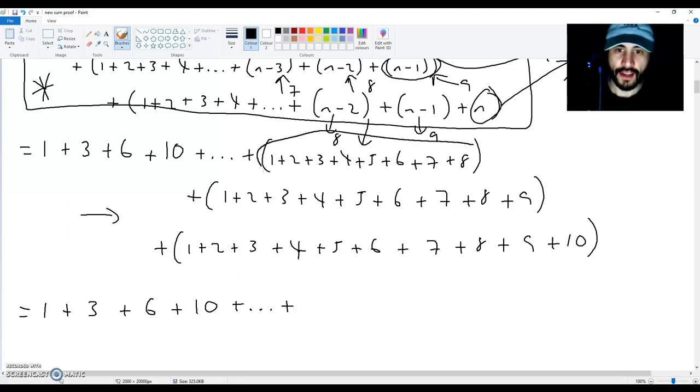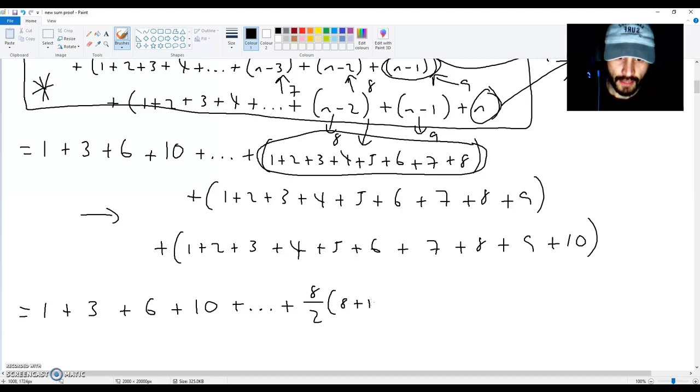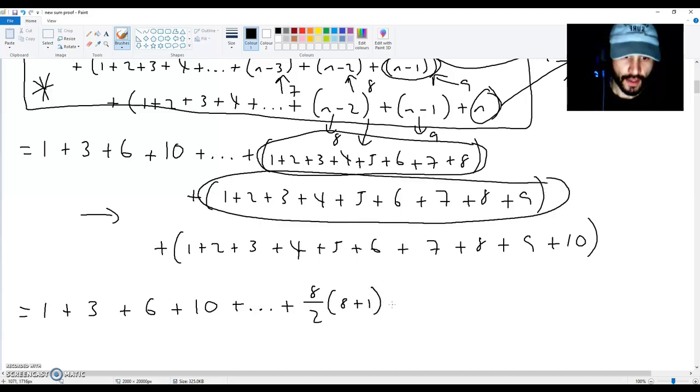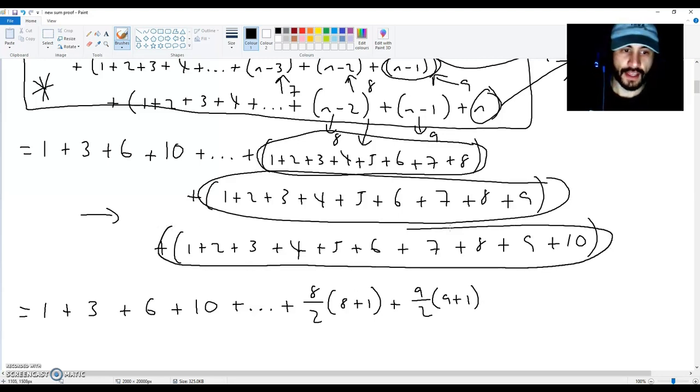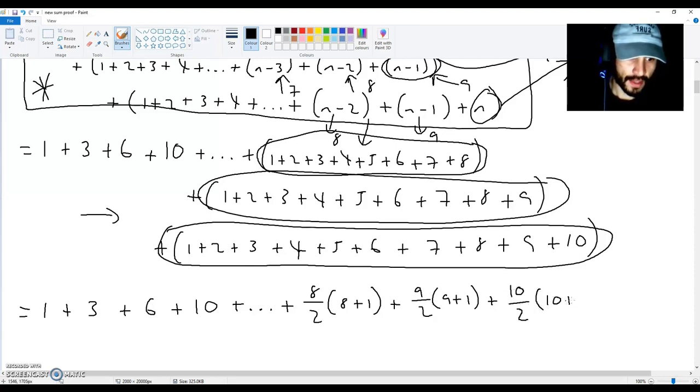We have this over here, which is simply going to be 8 over 2 times 8 plus 1. We have this over here, which is simply going to be 9 over 2 multiplied by 9 plus 1. And we have this over here, which is simply going to be 10 over 2 multiplied by 10 plus 1.